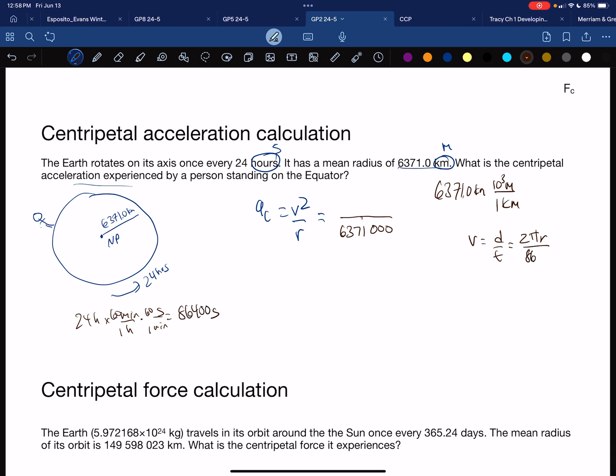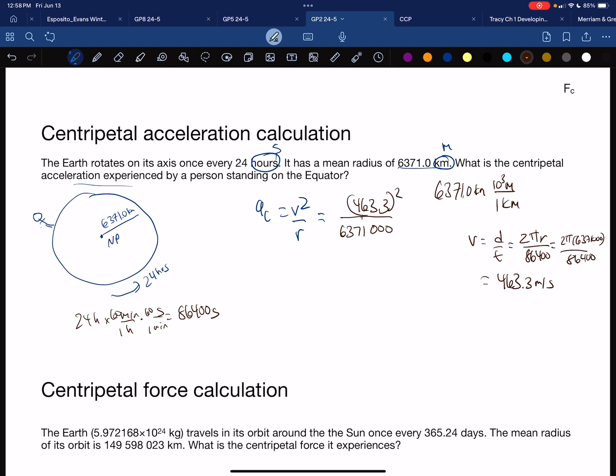So we've got 2 pi times 6,371,000, all over 86,400. When we do that calculation, we get 463.3 meters per second.